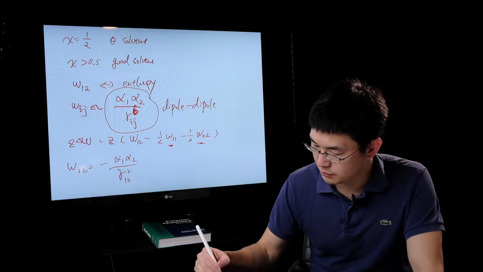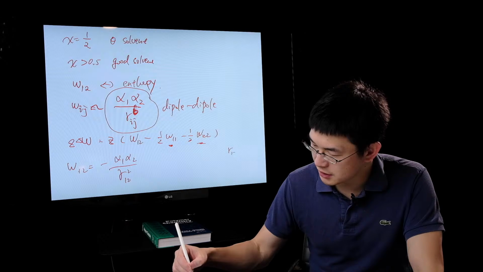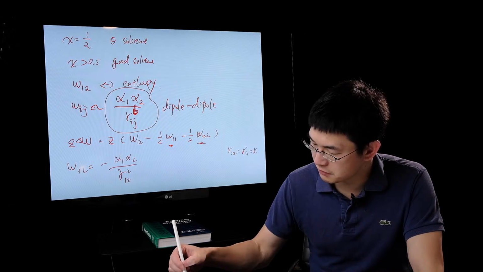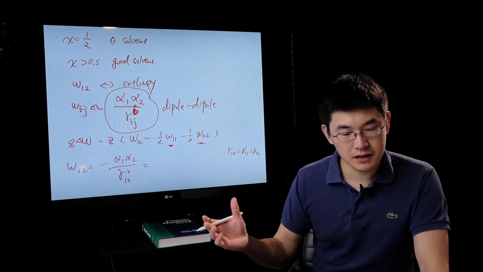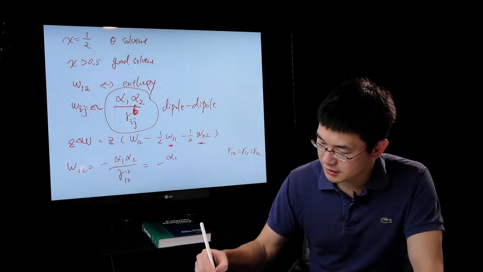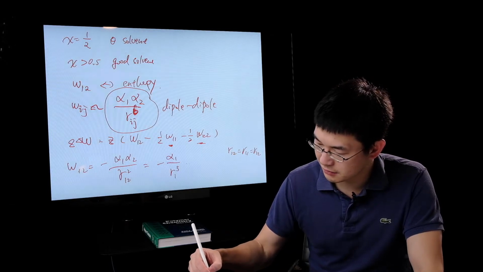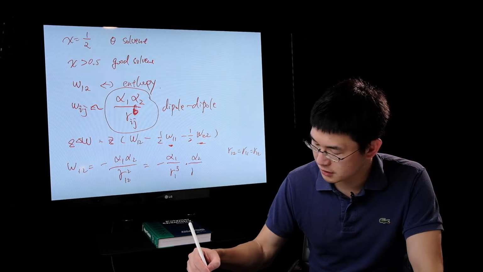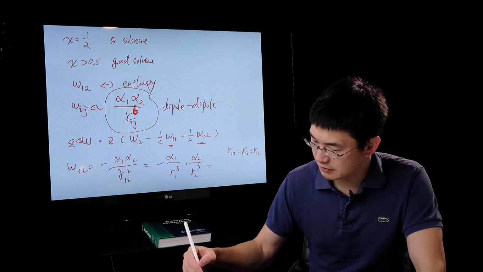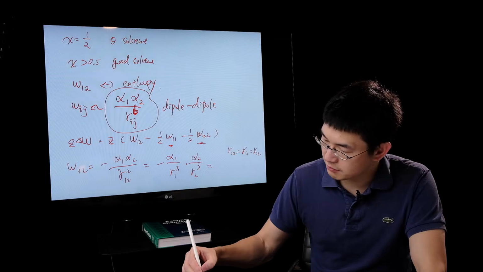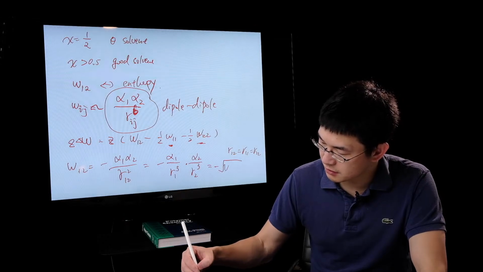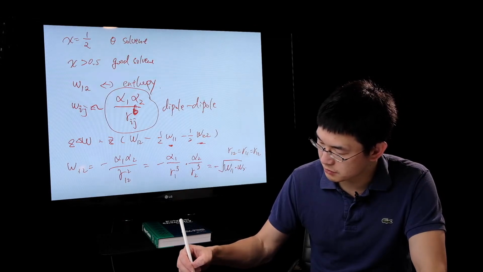If we assume the distance is always the same between different species, then we can simply get this as alpha 1, R1 cubed multiplied by alpha 2, R2 cubed, which you will see can be straightforwardly written as W11 multiplied by W22.